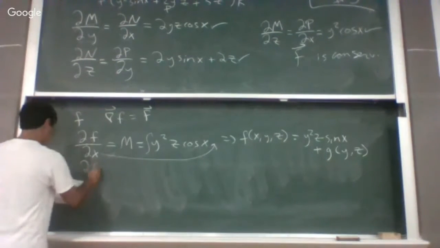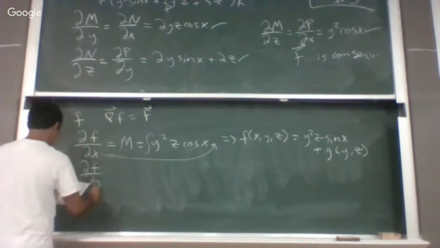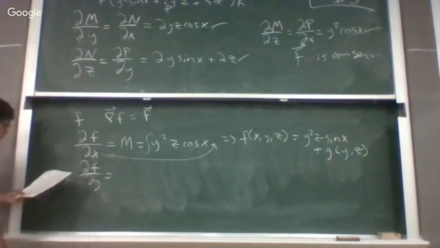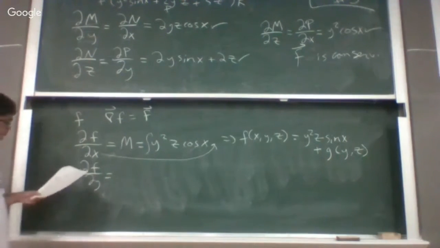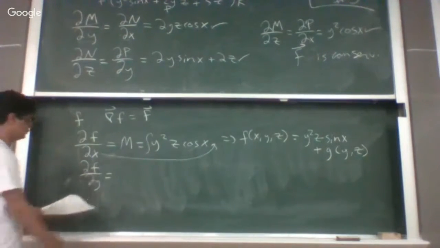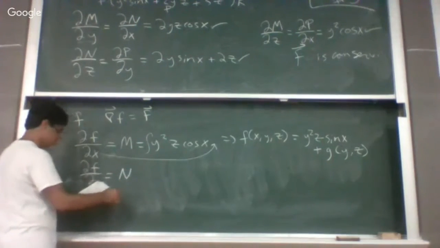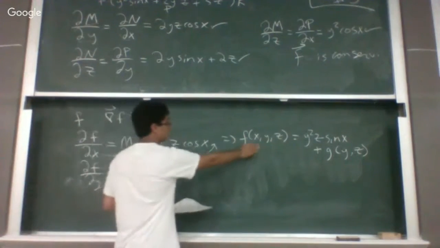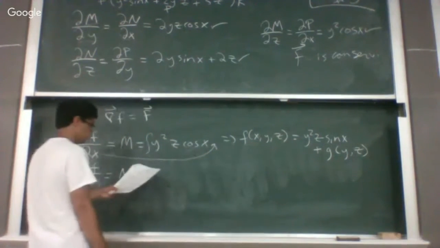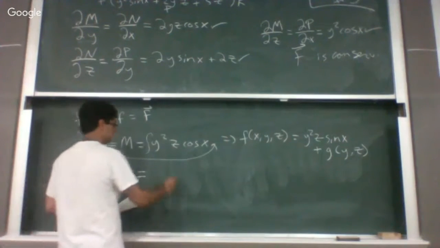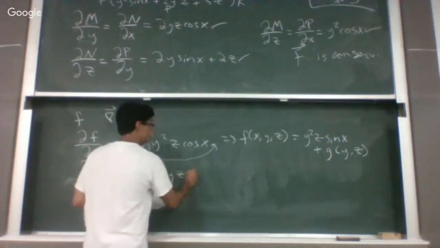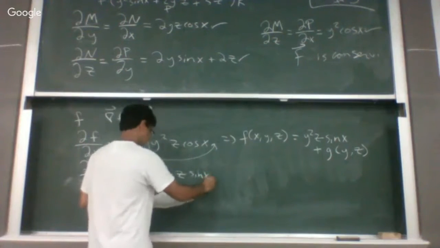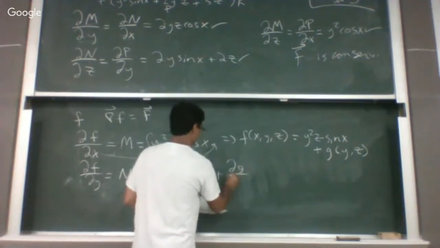Next is the partial of f with respect to y. That is equal to N. So we can just write the partial of f with respect to y, which is 2yz sine of x plus the partial of g with respect to y.